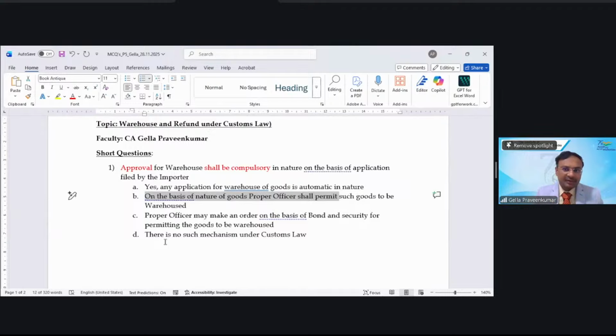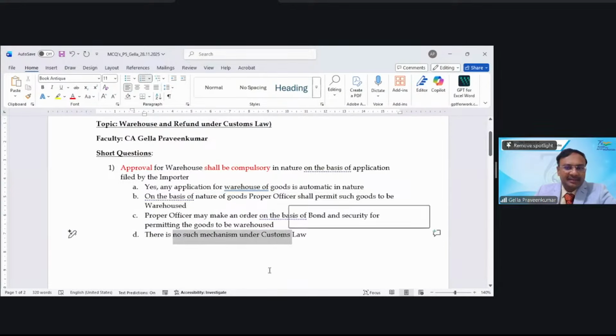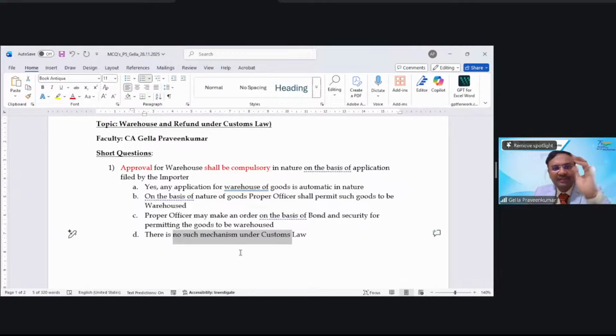I don't think mandatory permission will be given. Then, there is no such mechanism under customs law. The term no such mechanism is very general. Now, for filing an application for keeping goods in warehouse, there is a provision which exists. So when they say there is no mechanism, this becomes incorrect.